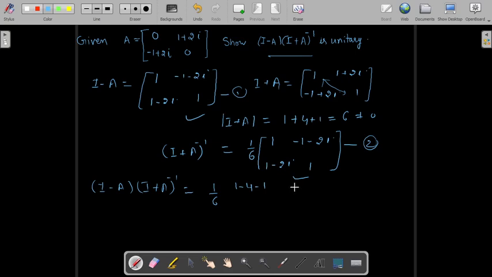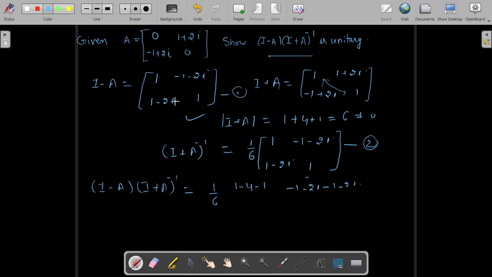So this becomes minus 1 minus 2 iota. One minute, let me erase. So this row into this column becomes minus 1 minus 2 iota into minus 1 minus 2 iota.